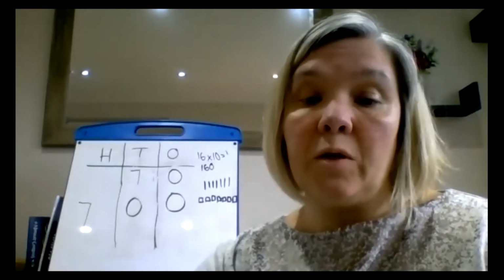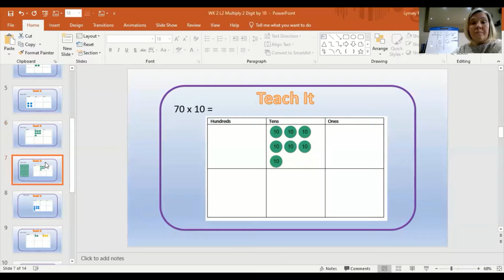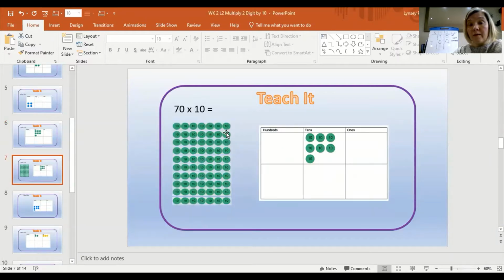If we look at that on the place value chart with our counters, this is what we are doing, okay? We have 7 counters and they're each worth 10. And we're having 10 lots of those.